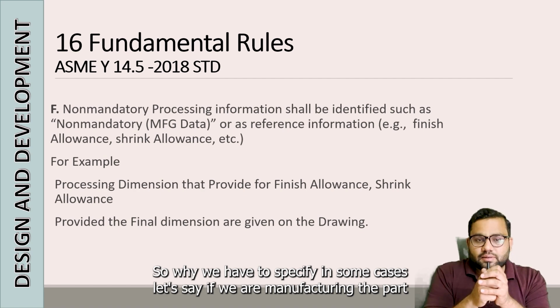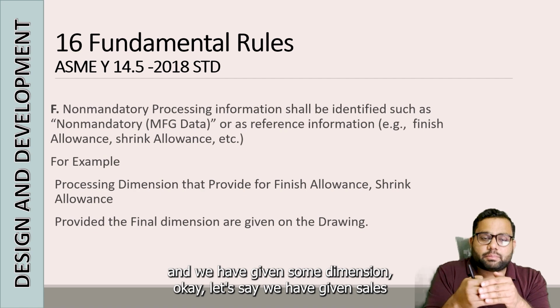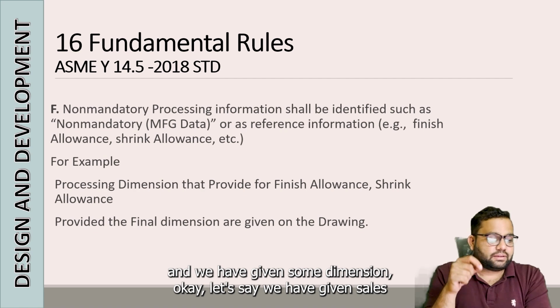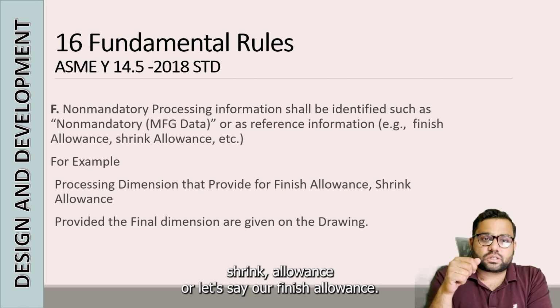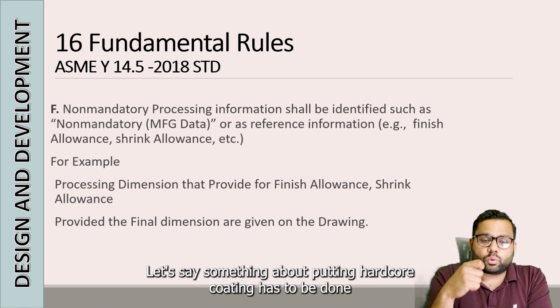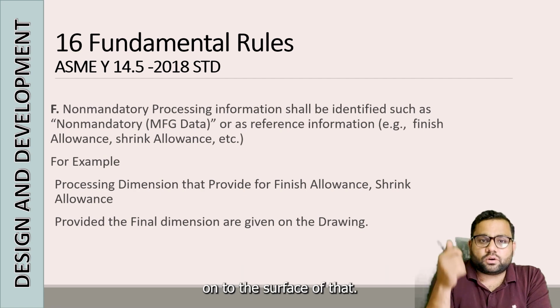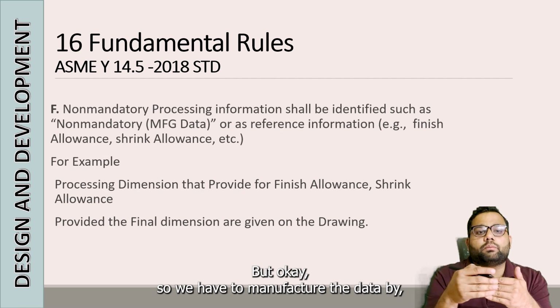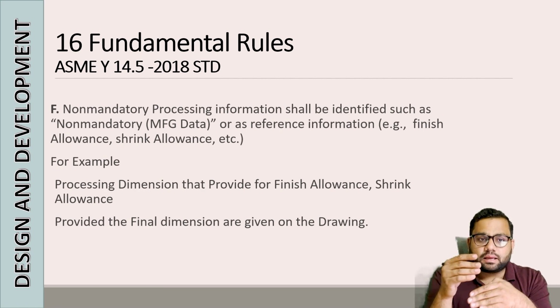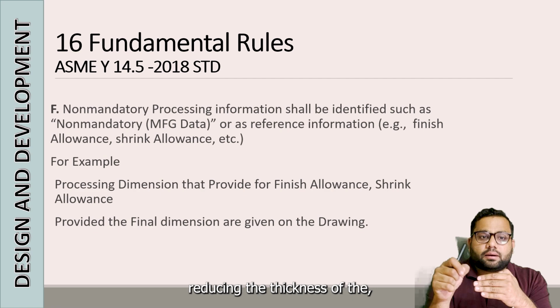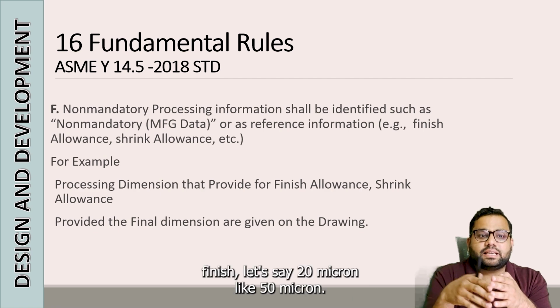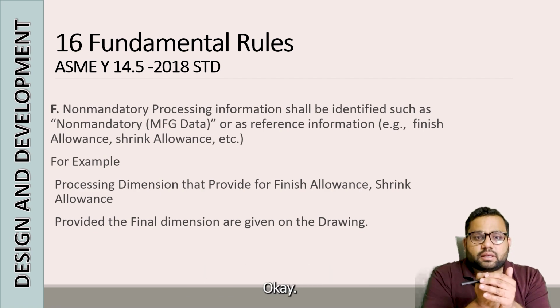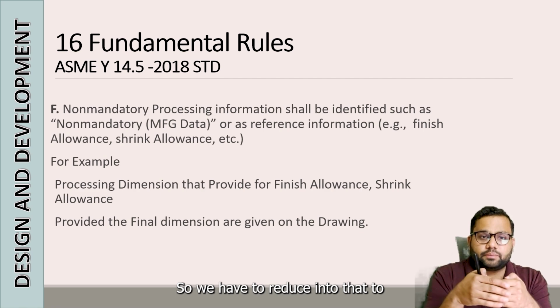Why do we have to specify it? In some cases, let's say we are manufacturing the part and we have given some dimension. Let's say we have given some shrink allowance, or a finish allowance. Let's say some hard coating has to be done on the surface of that part. So we have to manufacture the part by reducing the dimension by the thickness of the finish, let's say 20 micron or 50 micron.